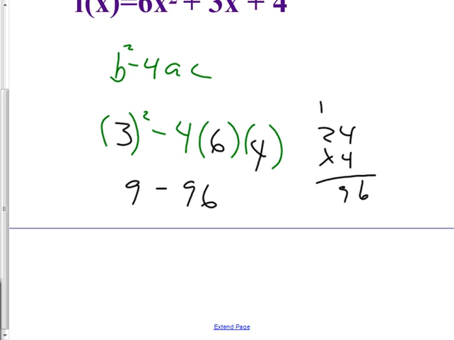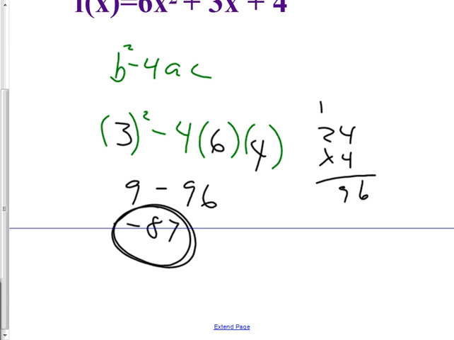Do I have to finish? Yeah, unfortunately you do. Even though I know it's going to come out negative, I need to know what the discriminant is. The discriminant is negative, what is that then? 87? Make sure that's right. Yep, I agree. Raise your hand if you had negative 87.